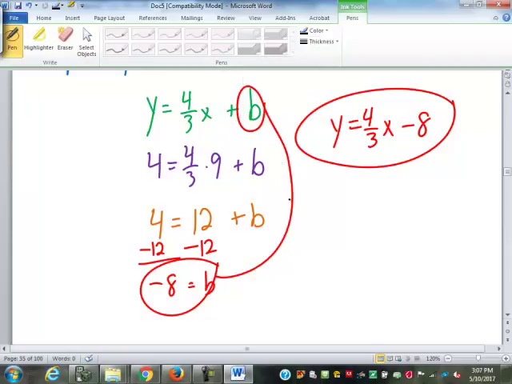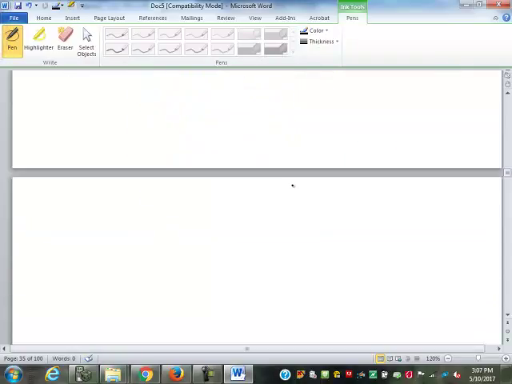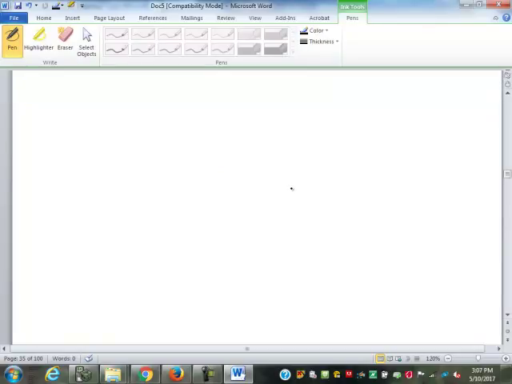Okay. So then that brings us up to the point where we started with solving a system of equations. We might be asked to solve a system of equations that looks like this. y equals negative 2/3 x plus 5 and x equals 6.